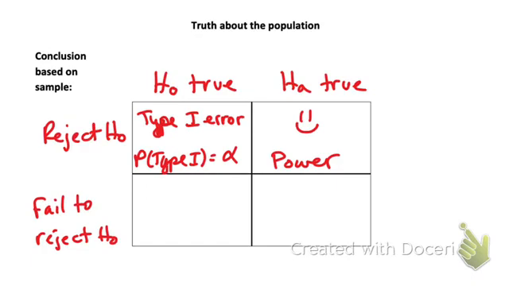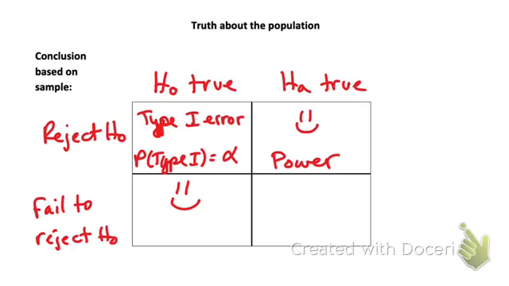If I fail to reject the null hypothesis and it was true, what happened? I did good. There's no probability word here, so don't worry about that.